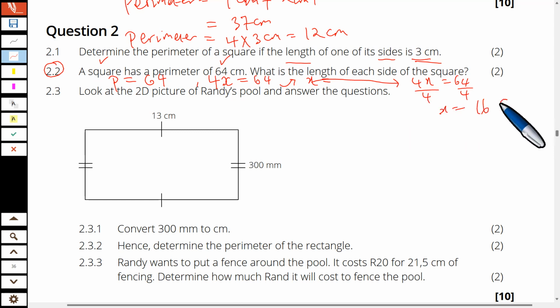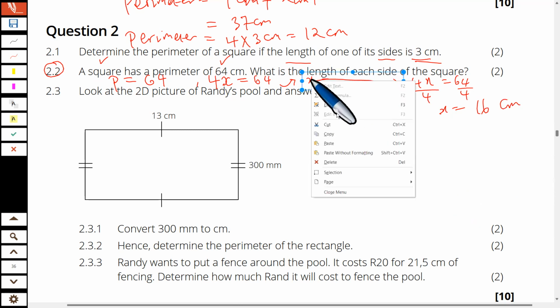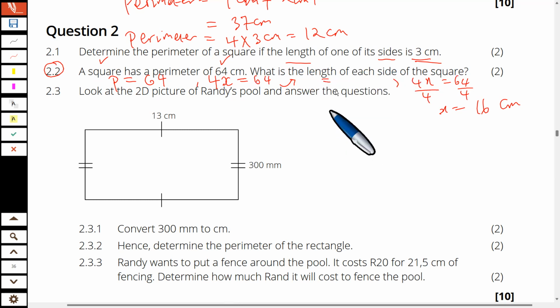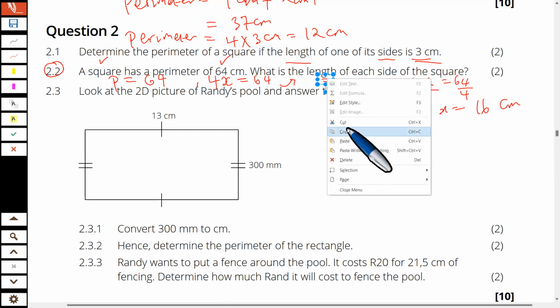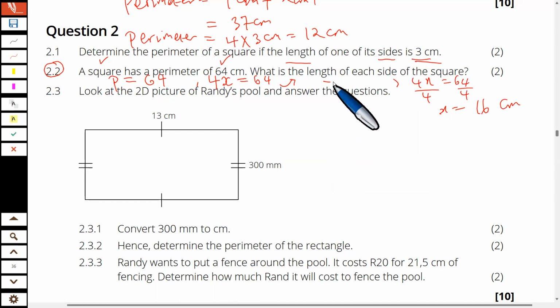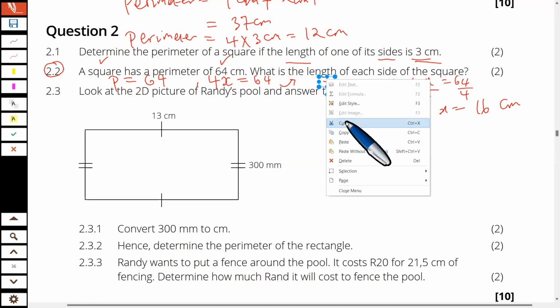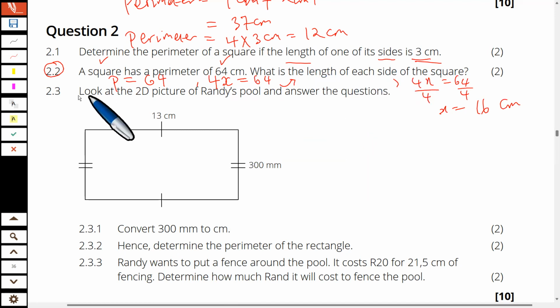So you have 16 centimeters. Well done to note the fact that the actual length of each side of the square is 16 centimeters.